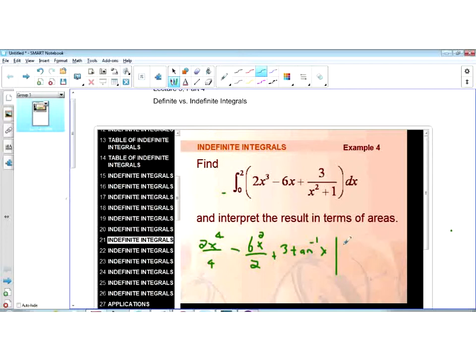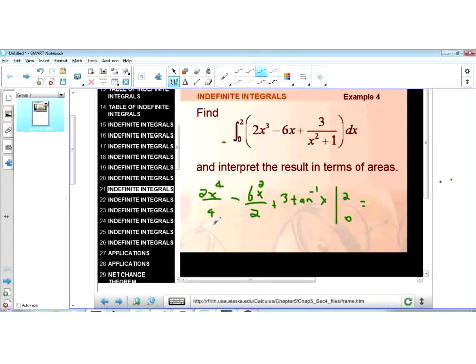Then we evaluate it from 0 to 2. That would be 16/4 minus 12 plus 3 inverse tan of 2. And if we plug in 0, we'll get 0.